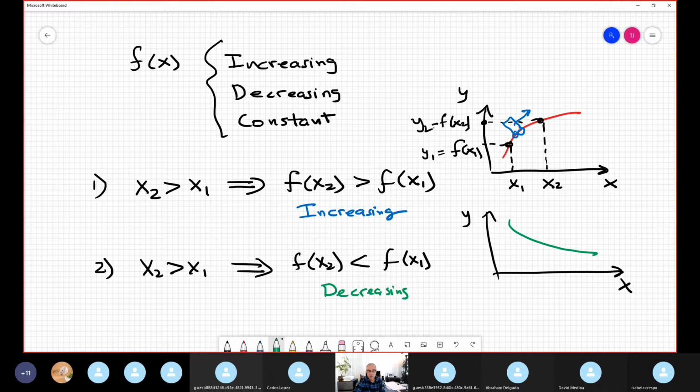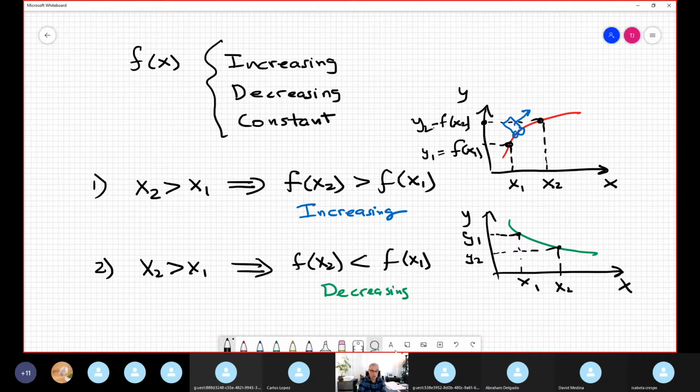You pick 2 values of x, x1 and x2. The y value here is y1, or f evaluated at x1, and y2. You see that y2 is smaller than y1, so this is a decreasing function.